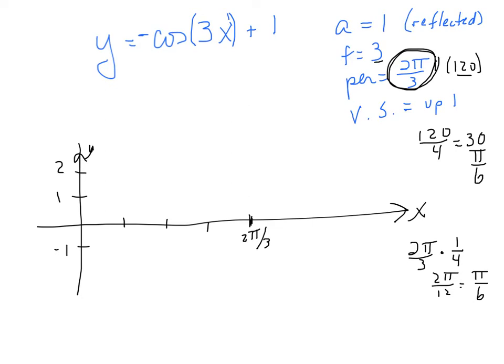Either way, I'm going to get pi over 6 right here for my first quadrant critical point. Now, what you need to understand is that there's 4 critical points. The first one is 1 pi over 6.